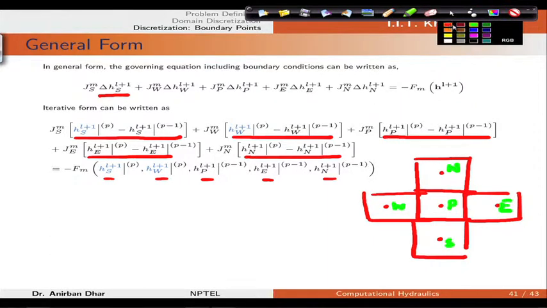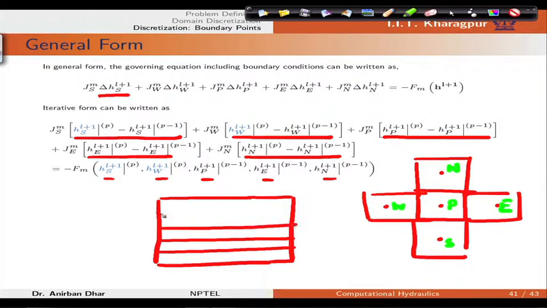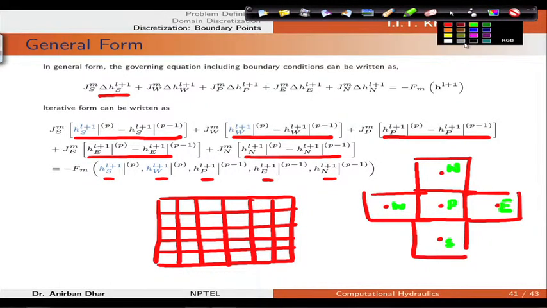Now, during the calculation process we will start discretizing our governing domain into a number of cells, and we will start our calculation from this point. So, from this point we will move towards this, again we will start from this, again move like this.